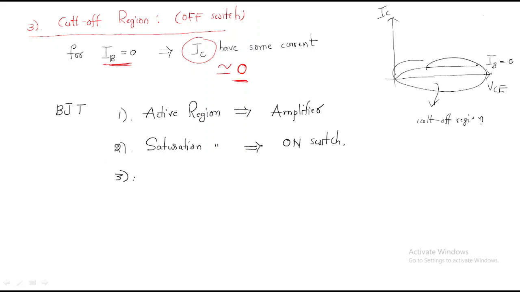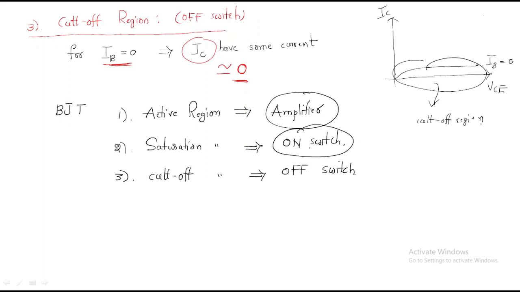When the BJT acts in the cutoff region, it acts as an off switch. So one BJT can be operated for three applications: first the amplifier, second the on switch, third the off switch. This is the importance of our BJT.